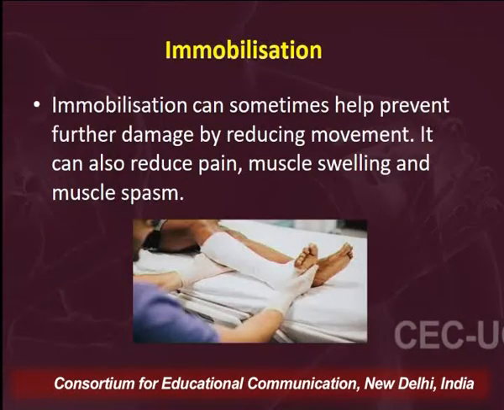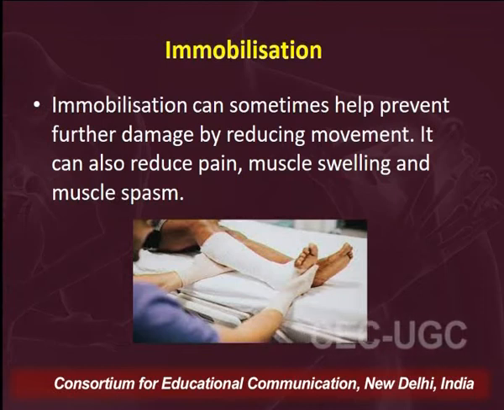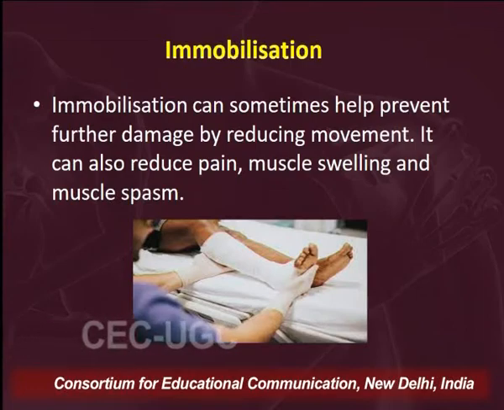The next one is immobilization. Immobilization can sometimes help prevent further damage by reducing movement. It can also reduce pain, muscle swelling and muscle spasm. For example, slings, splints and casts may be used to immobilize an injured arm, shoulder, wrist or leg while you heal.